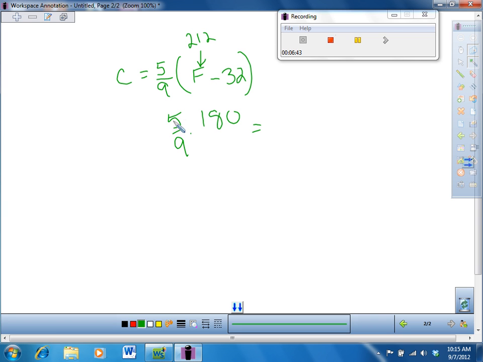And what's 20 times 5? 100. So 100 degrees Celsius is the same as 212 degrees Fahrenheit. That's how that formula works. But suppose what would be 32 degrees Fahrenheit? How many degrees Celsius? 0, right? 32 minus 32 is 0, times 5/9 is still 0. So 32 degrees Fahrenheit is your freezing temperature.